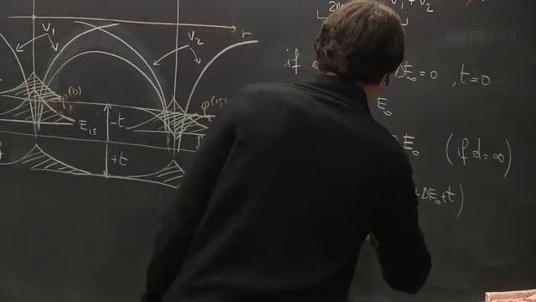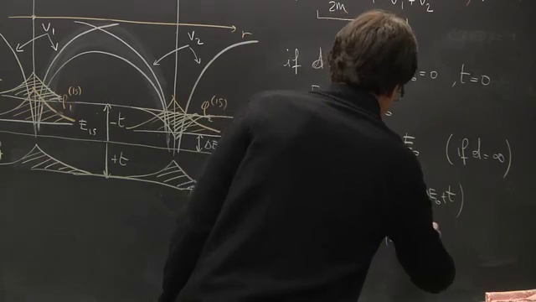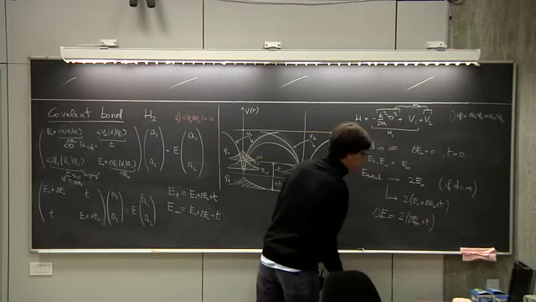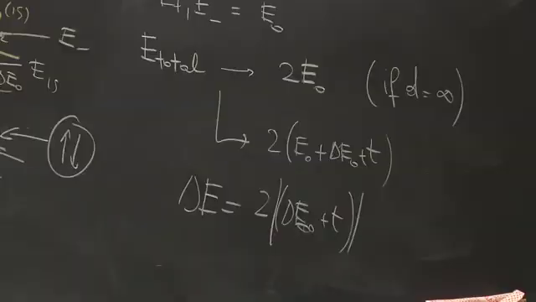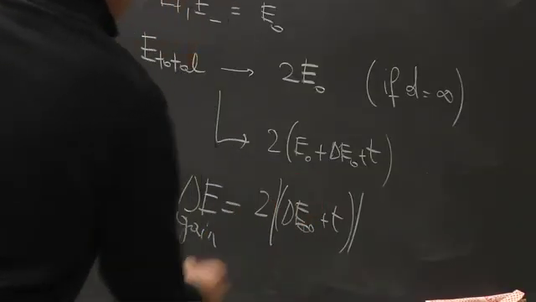You have an energy gain of twice delta E naught plus T. Let's put it in absolute value, because if I'm talking about energy gain, I mean positive numbers.